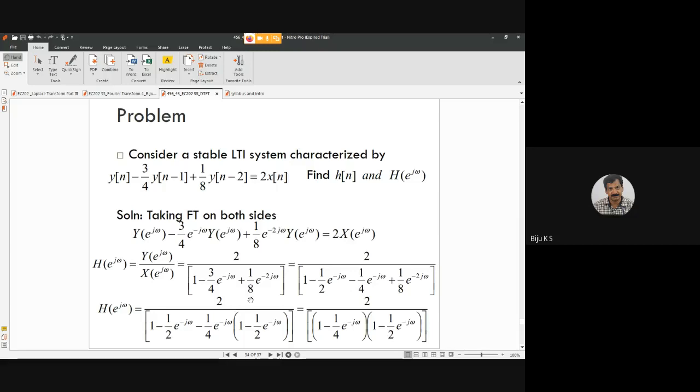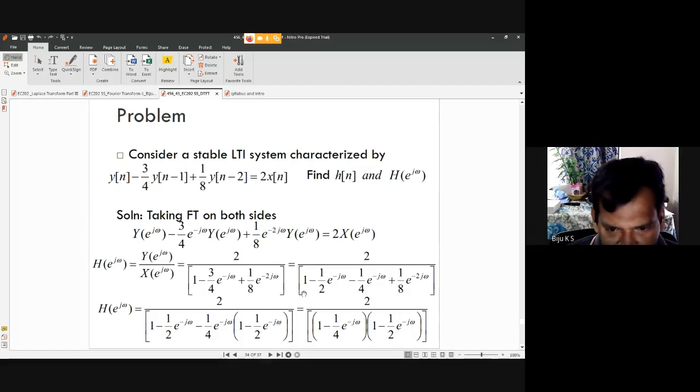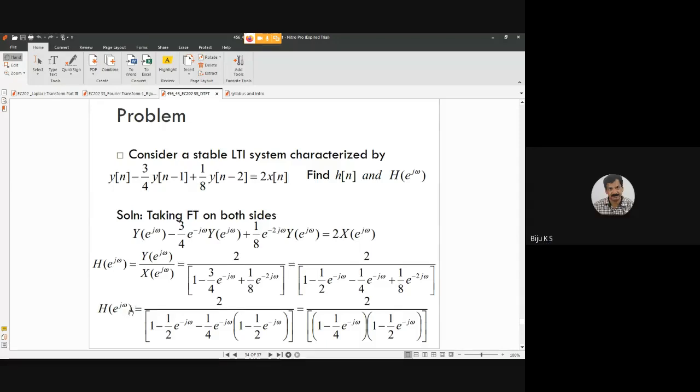We can substitute omega equal to 0, starting from omega equal to 0 up to higher values, omega equal to infinity. What is the value of the magnitude for the different values of omega?